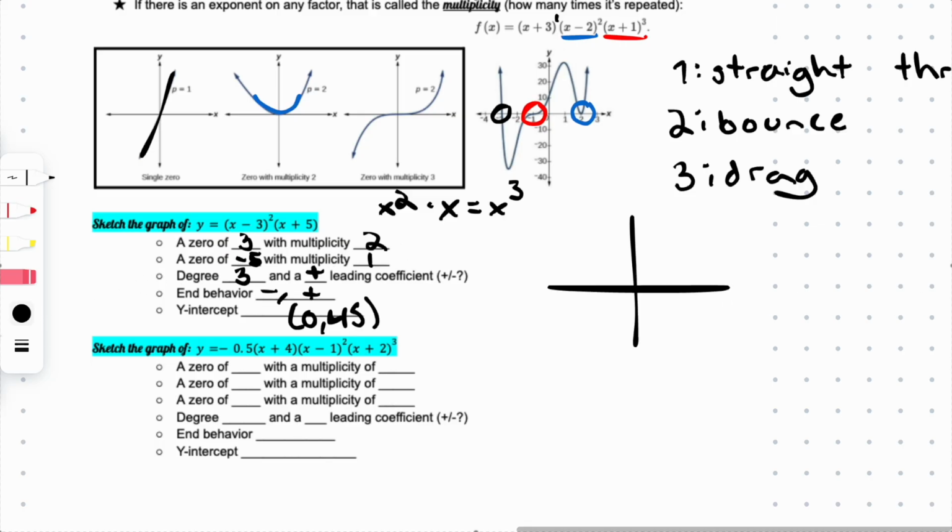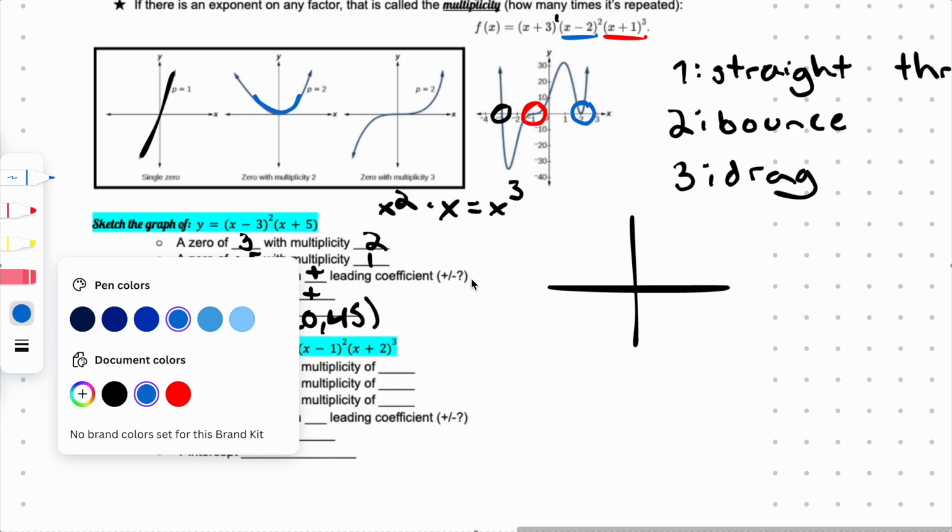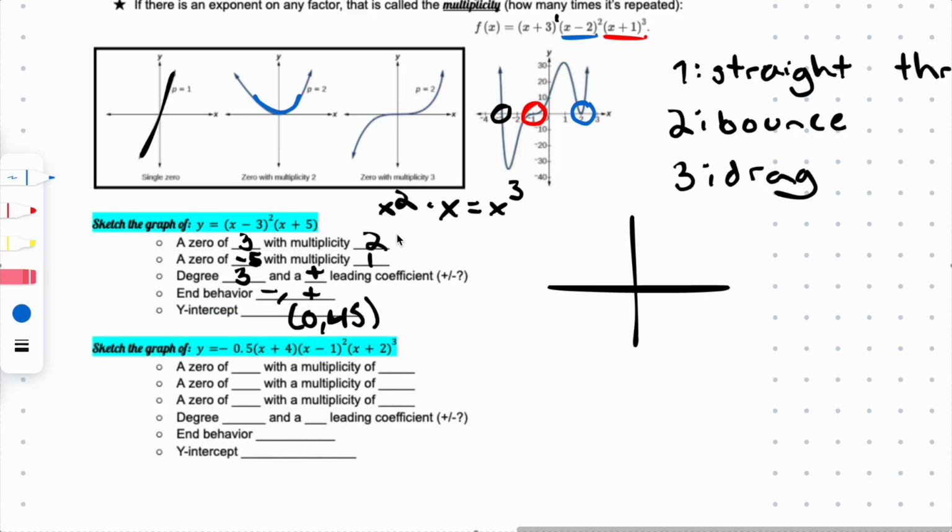So here we have a 0 of negative 5. Just going to draw that there, and a 0 of positive 3. And then we have a y-intercept of 0, 45, so something way up here. And we know our end behavior goes like that, and also like that.